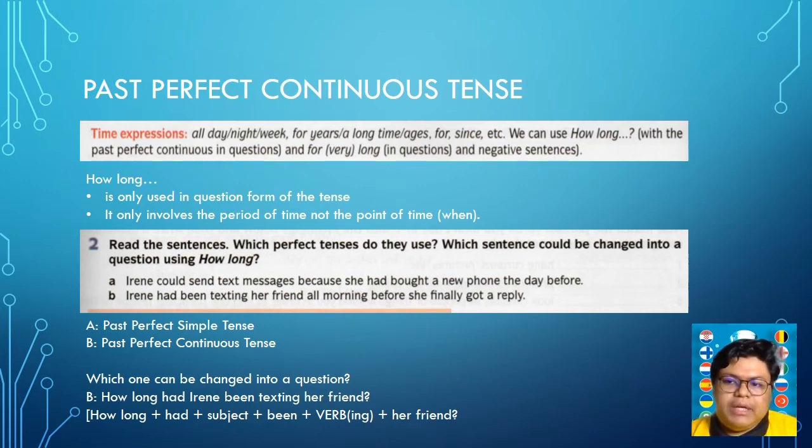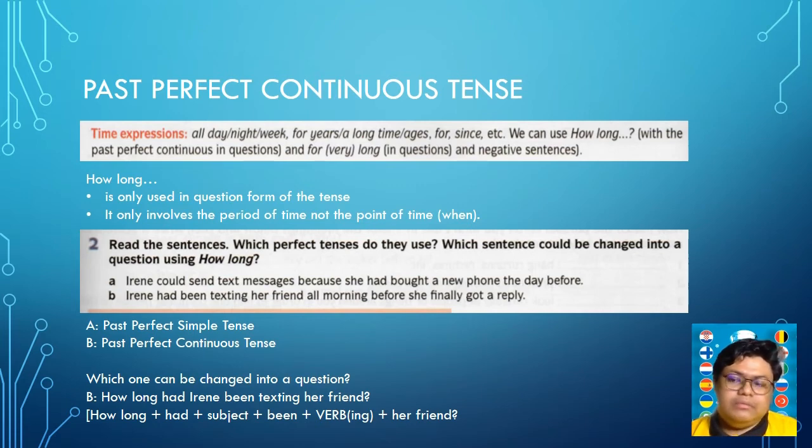B: Irene had been texting her friend all morning before she finally got a reply. So A kita gunakan past perfect simple tense, sebab tak ada ing kat situ kan. B, there is a past perfect continuous tense untuk action yang first. So which one kita boleh gunakan how long?